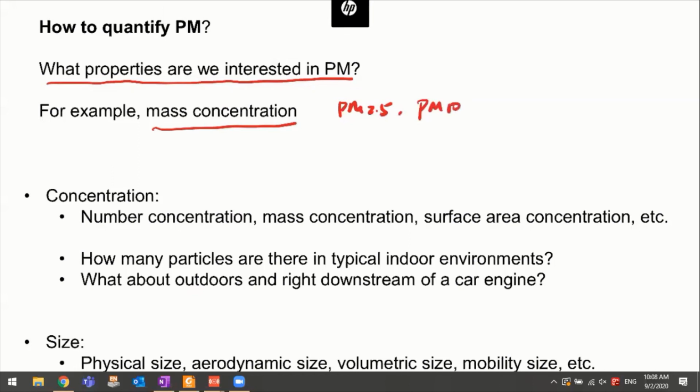So if I remember correctly, the PM 2.5 is 35 microgram per meter cube, and PM 10 is 150 microgram per meter cube, right? And this is for 24-hour average.